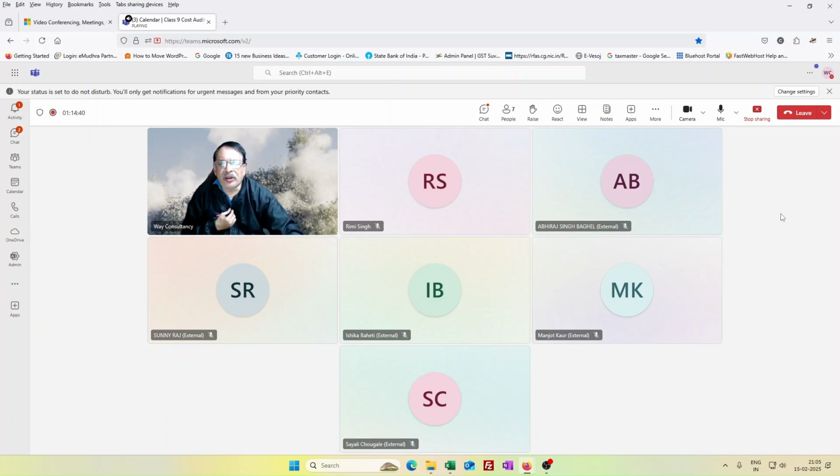So tomorrow I will completely focus on cost audit. Now you have learned how to prepare the cost records from the table side.